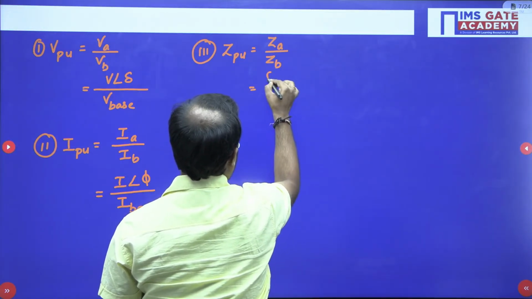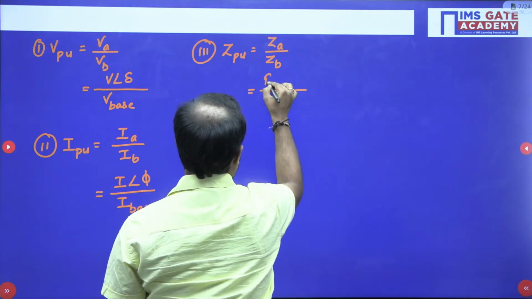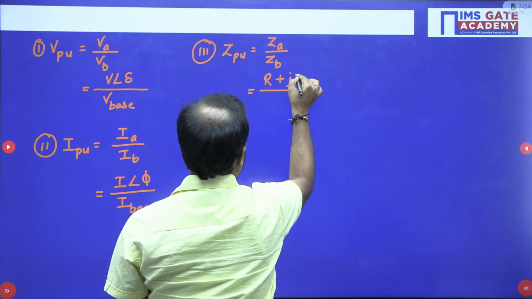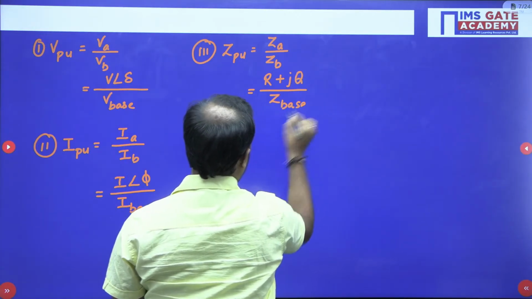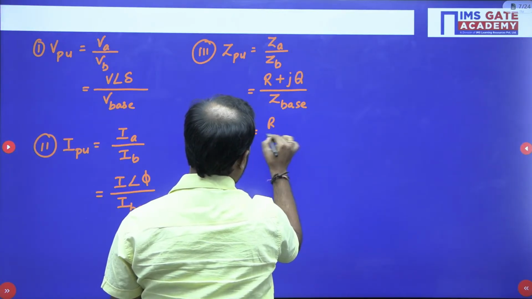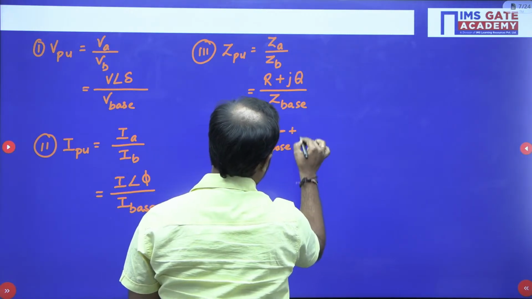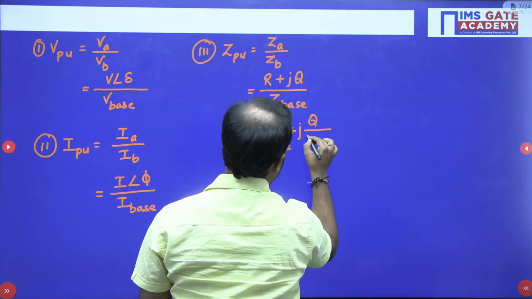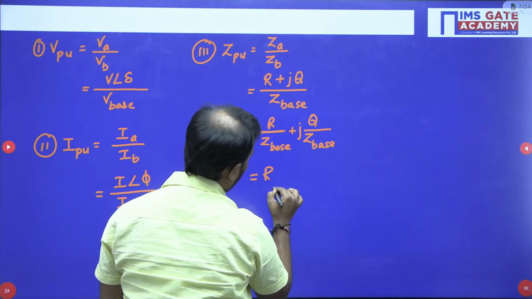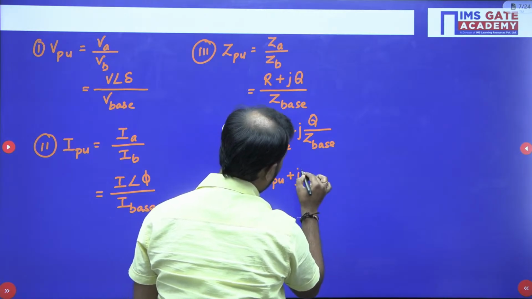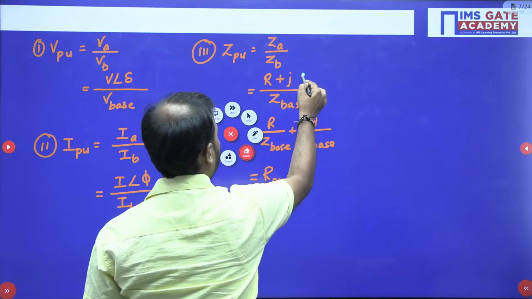Z actual was R plus jX, divided by Z base. So see here, R divided by Z base plus jX divided by Z base, which is nothing but your R per unit plus j X per unit. Okay, just a second, this is not Q, this is X.